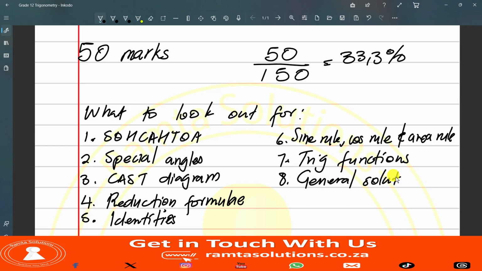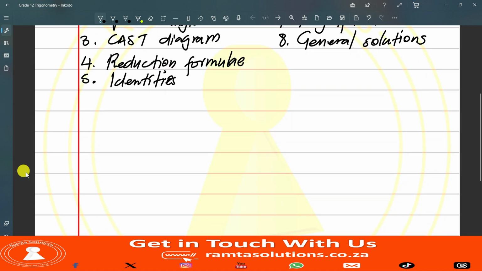We will try to have examples where possible. So these are the things that you are looking for in your grade 12 trigonometry exam questions. Not saying that they come in this manner, but all of them are important. You need to know them before you get into your exam.